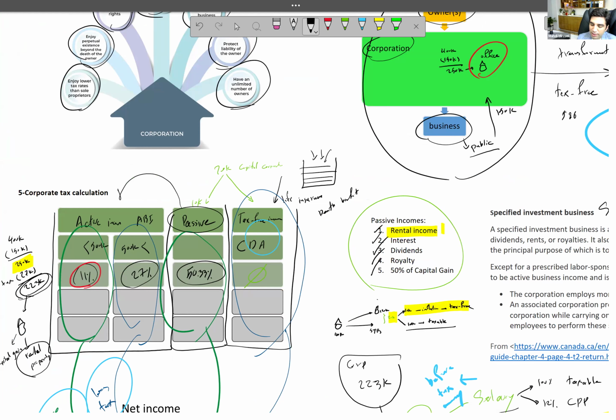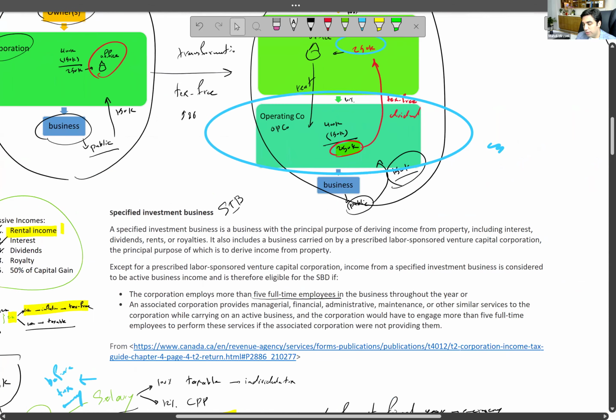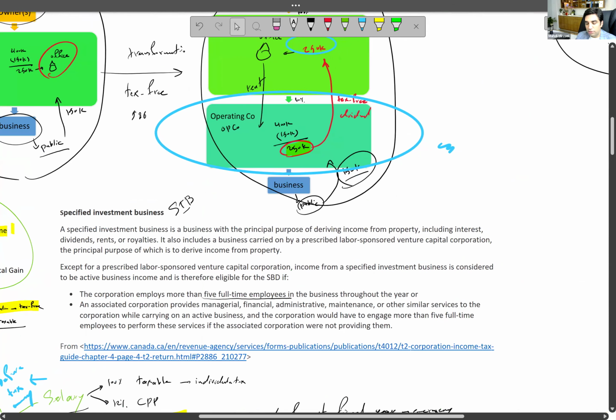So it will be considered as an active income. And instead of 50% tax, you're going to pay 11%, 27% tax on that one. So it's very important to have those five full-time employees.